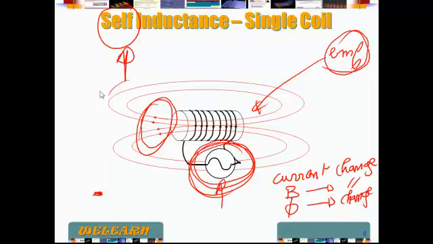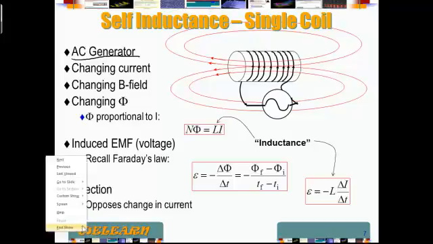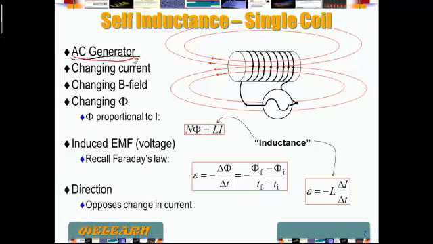Now, what does this mean? It means this, very much like what we had when we had the two coils, a primary and a secondary. AC generator, change in current means change in magnetic field, means change in flux that the same coil is going to experience.